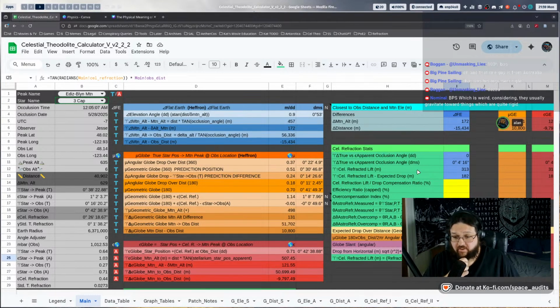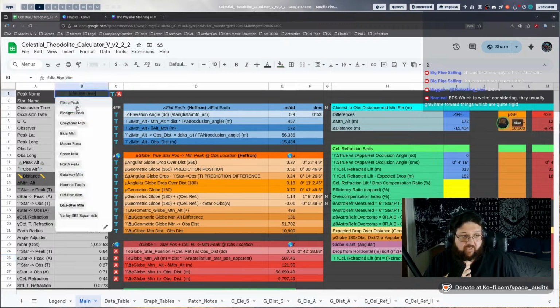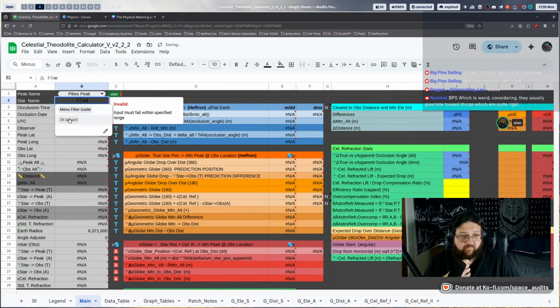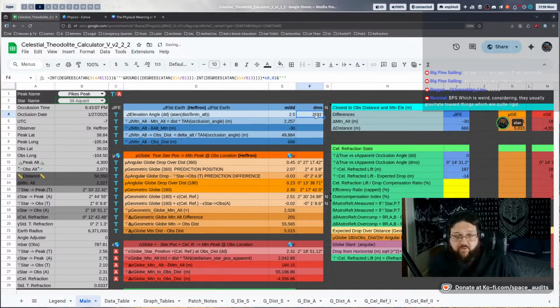What's measured, right, is a difference between the prediction and reality. And when we take that difference, what we find is that that's the actual amount of refraction that caused the difference. That's why it's off; the astronomical refraction value causes it to deviate. So for the example of Pike's Peak, we predict 231, but the occlusion timing puts the star's true position at 233 with respect to the peak.